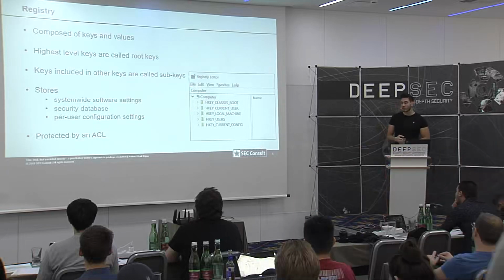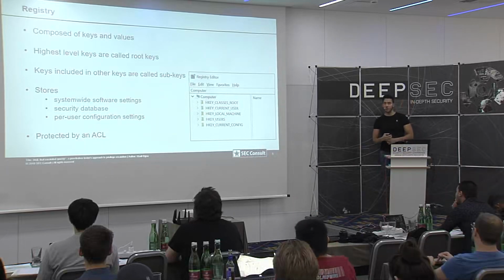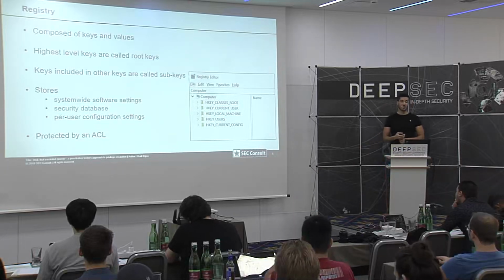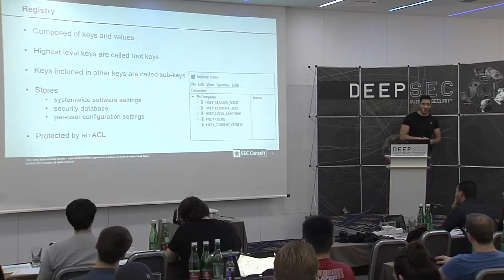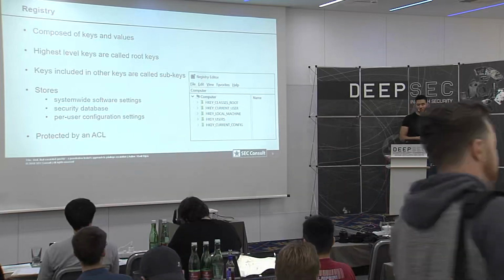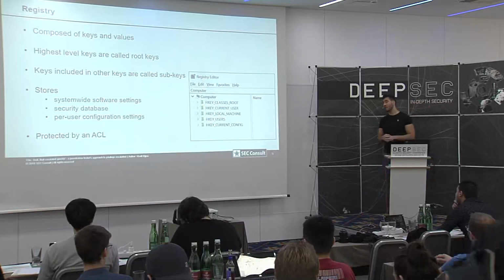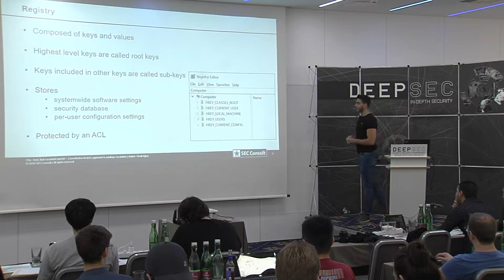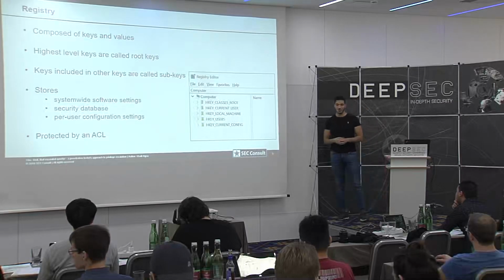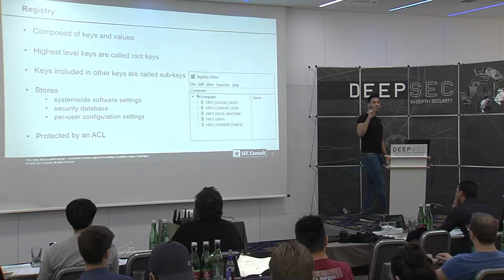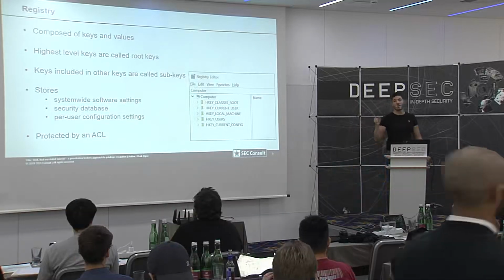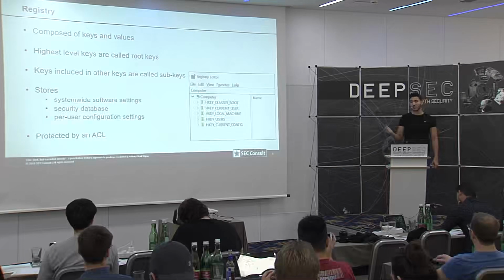The registry stores important data like system-wide software settings. It contains the security database with different passwords in it, and it contains per-user configuration settings. Every key is protected by an ACL. So you can granularly define who is able to read and modify or even delete a certain subkey or key.